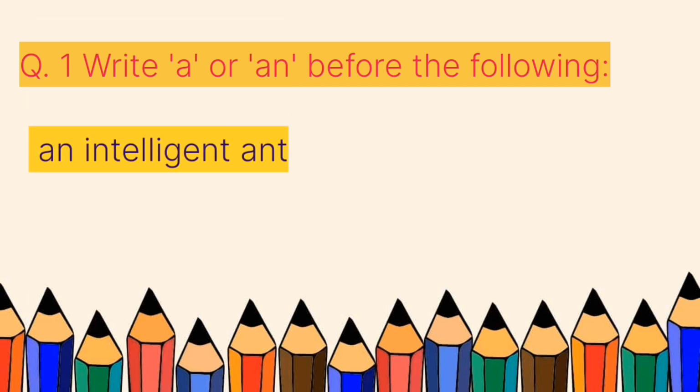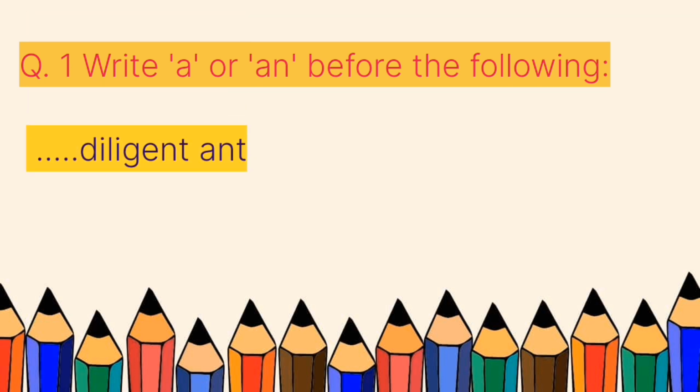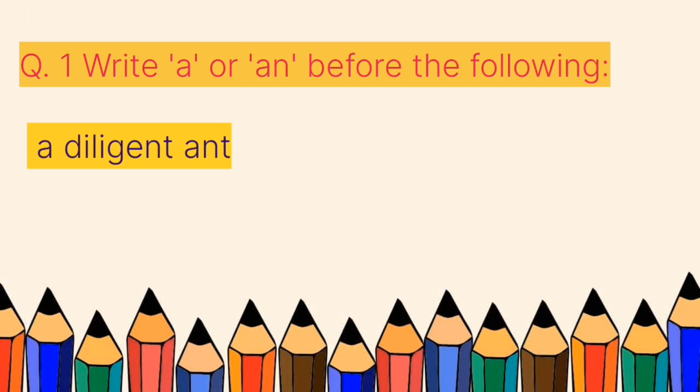The word intelligent starts with the vowel sound I, so article an is used. Next, dash diligent ant. Answer is a diligent ant. The word diligent begins with the consonant sound D. So, the article a is used.